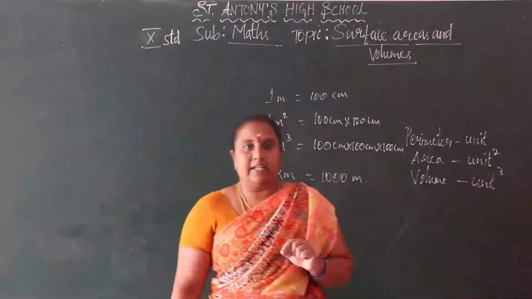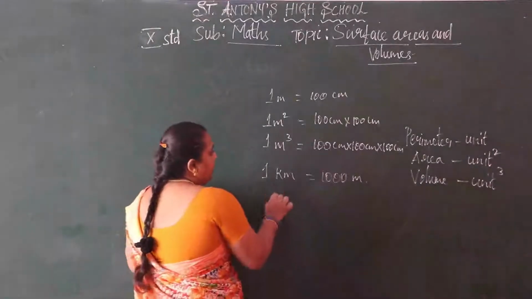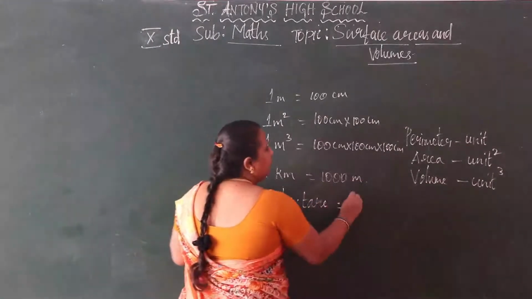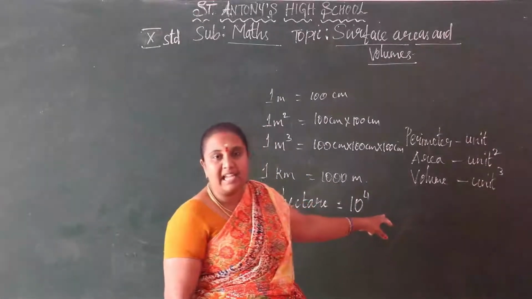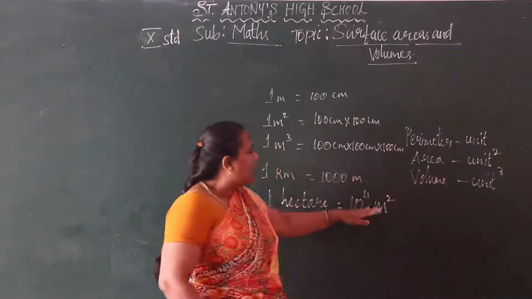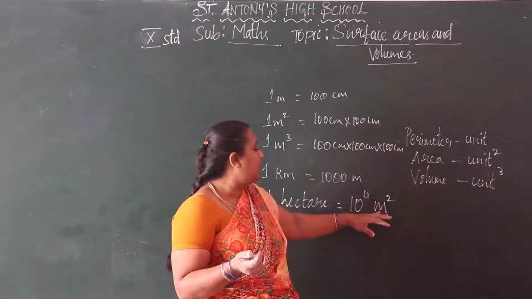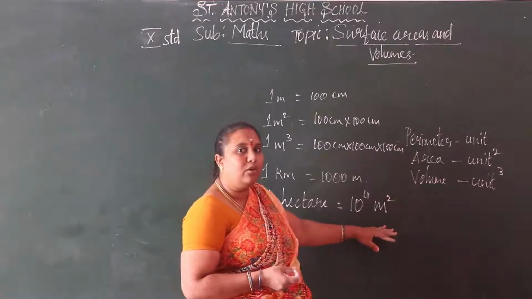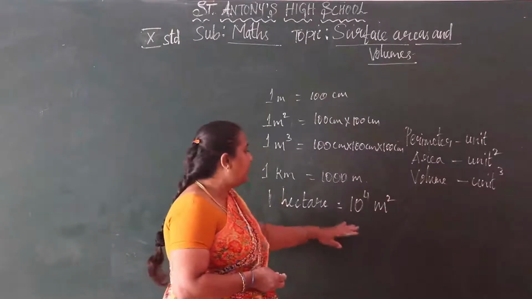And then 1 hectare equals 10 to the power of 4 meter square. 10 to the power of 4 means 1 followed by 4 zeros, that we can say 10,000 also. 10 to the power of 4 meter square can be kept in your mind very easily. If I just say 10,000, you can't keep it in your mind. So 1 hectare equals 10 to the power of 4 meter square. It is easy to keep in your mind.